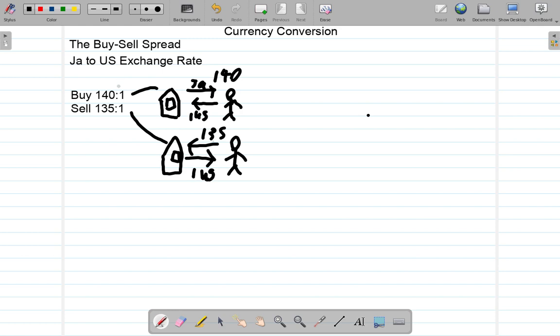Remember, in this case, the Jamaican dollar would be weak and the US dollar would be strong. Let me put STR there. Now, in this case, the Jamaican dollar would be stronger, meaning the US dollar would be weaker. Let me put WEK.